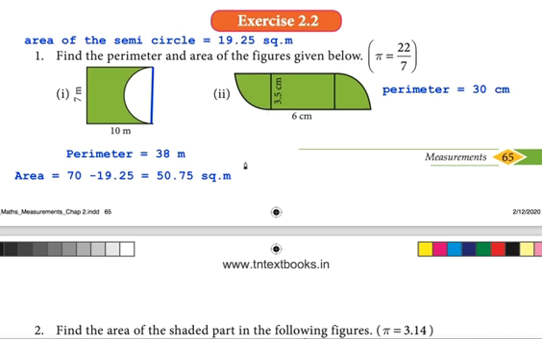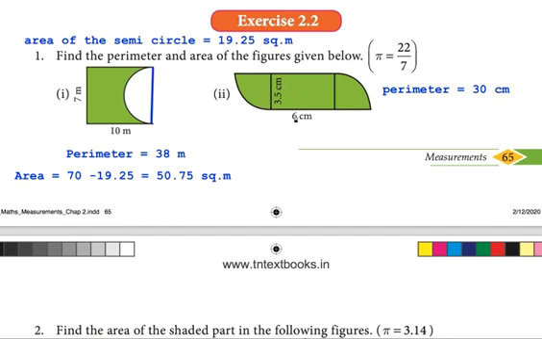So you will get, I think, 19.25. If you try pi r square by 2, pi is 22 by 7 into r is 3.5 into 3.5 by 2, 19.25 is the area of the semicircle.